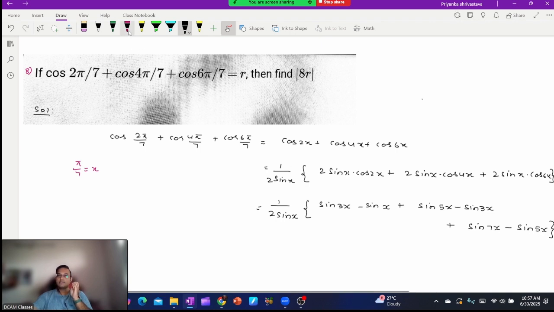Now see, it has become very simple. Sin 3x will cancel with this, sin 5x will cancel with this. So the only thing remaining is 1 by 2 sin x into sin 7x minus sin x.